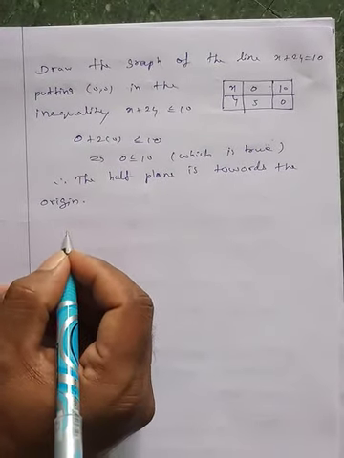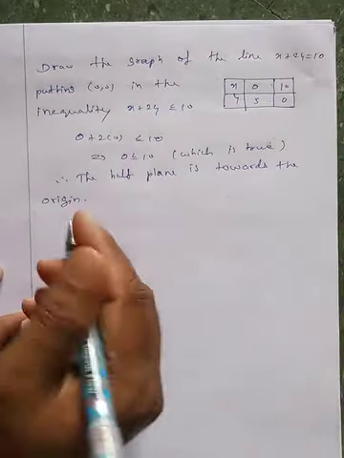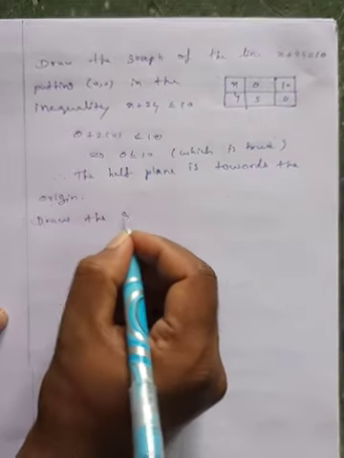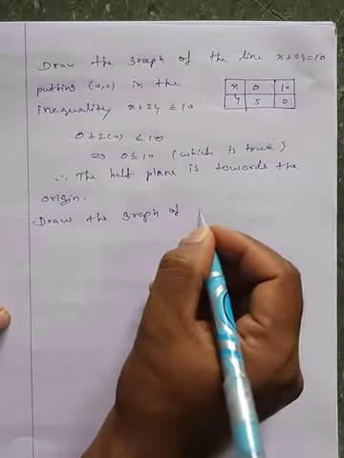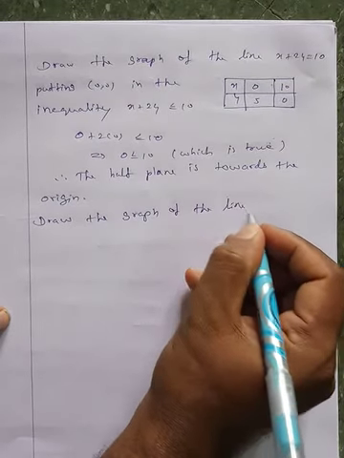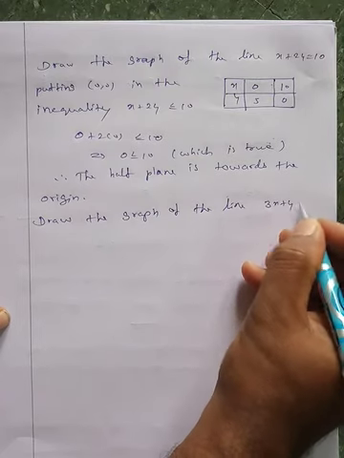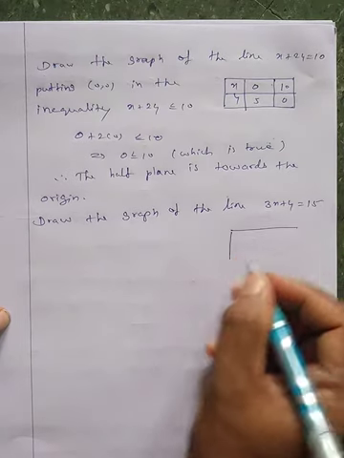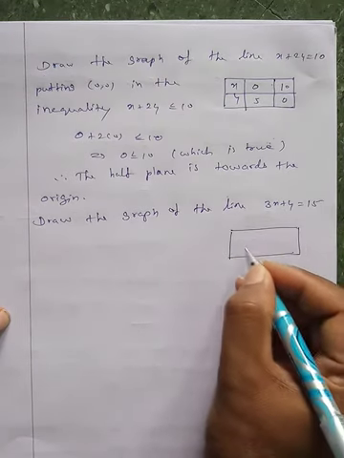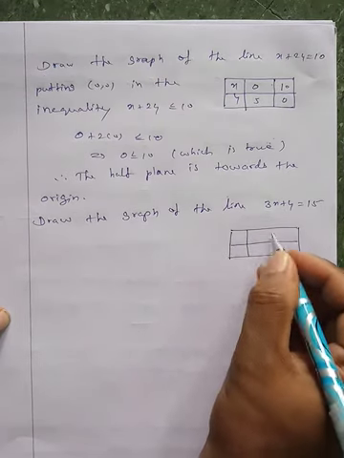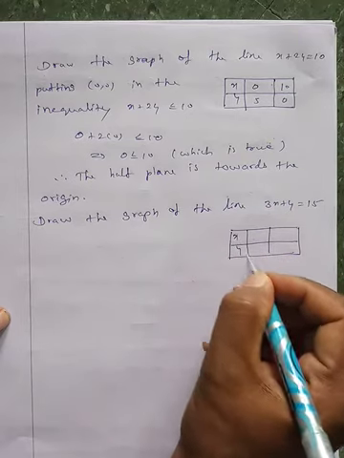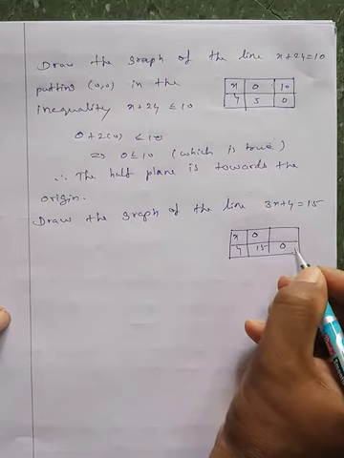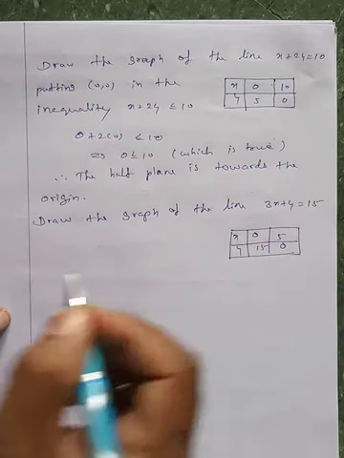Then draw the graph of the line. Next, the line 3x plus y is equal to 15. Put x = 0, then y is equal to 15; put y = 0, then x is equal to 5.